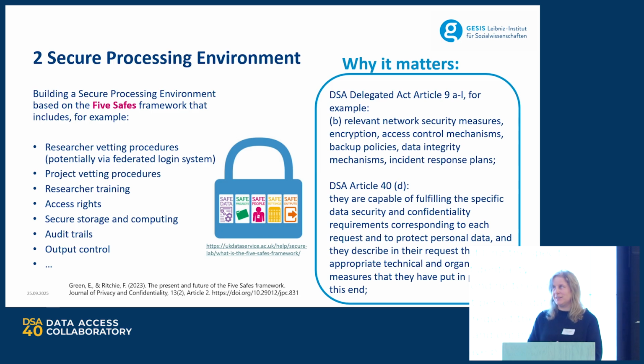And the good thing is, all these things specified under Delegated Act Article 9 map to the 5 SAFE principles, so they do not reinvent the wheel. They are in line with what the community is already working with in the area of secure processing environments and trusted research environments. So we have a good foundation to apply that to new contexts now.